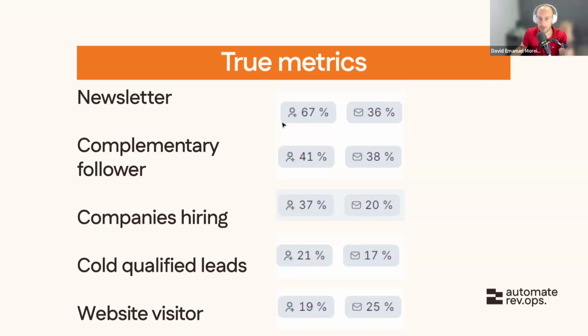Right now we're not running those cold qualified leads anymore, for more than a year, because we are running all our outbound systems with those trigger-based campaigns. So you can also create those systems for your company and increase your connection request rate and even your message reply rate.